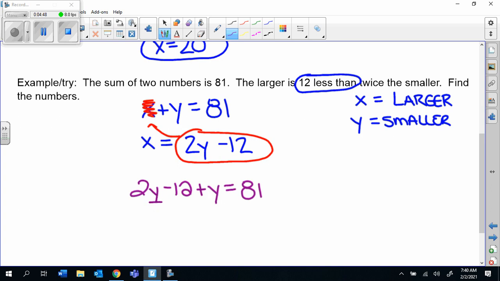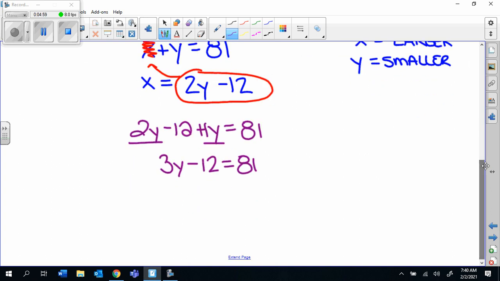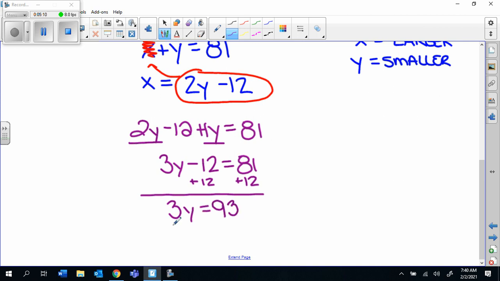Gather my like terms, so 2y plus 1 more y is 3y minus 12 is 81. Jump that 12 to the other side, 3y equals 93. Divide by 3 on both sides, and y would be, sorry, 31.